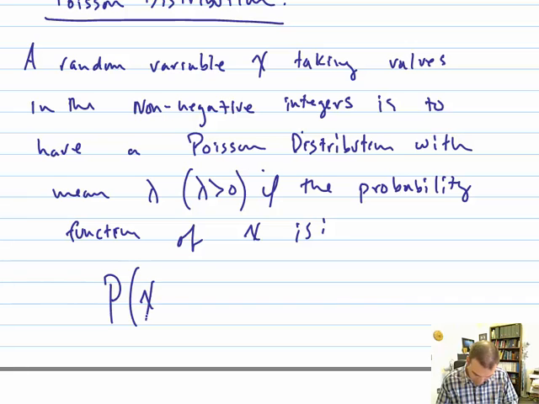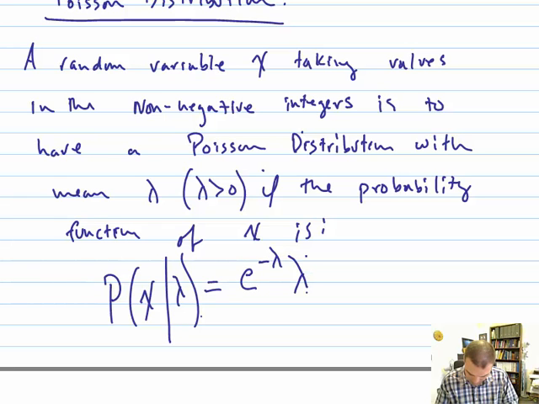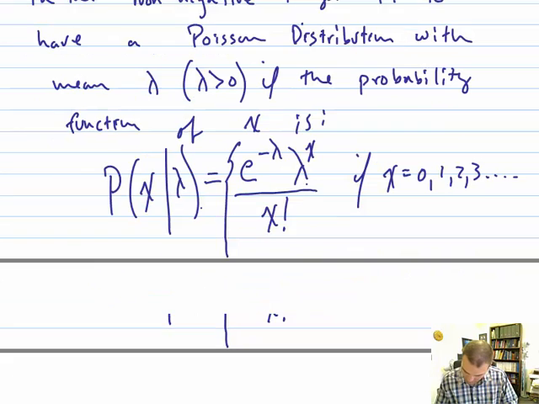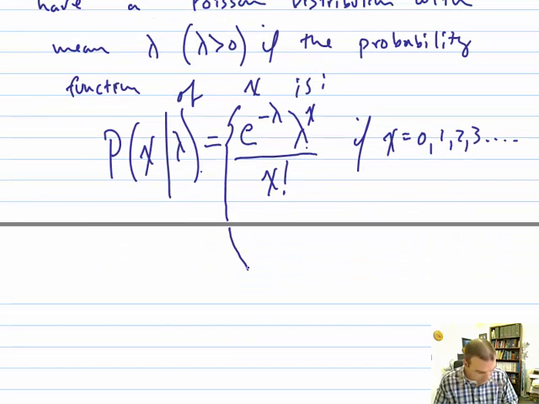p of x, so defined by lambda, is equal to e to the minus lambda, lambda raised to the x over x factorial if x equals 0, 1, 2, 3, etc. The probability is equal to 0 otherwise.